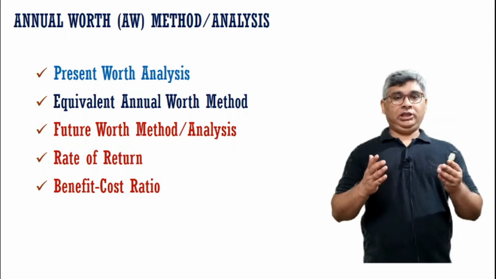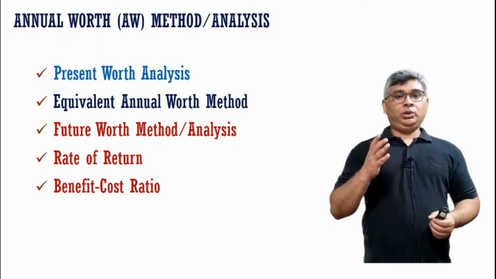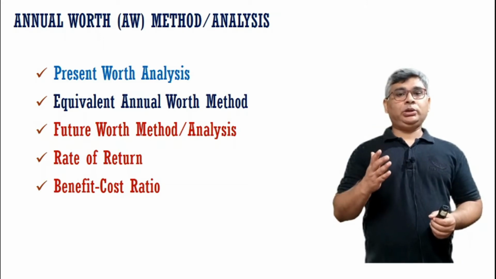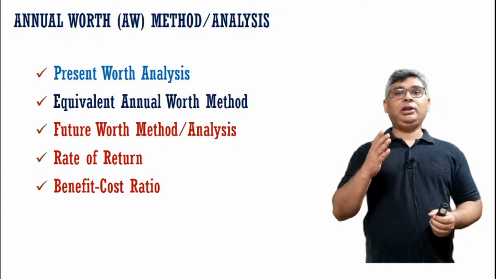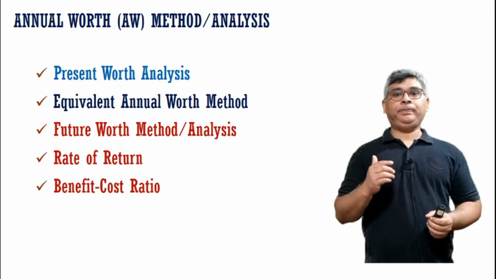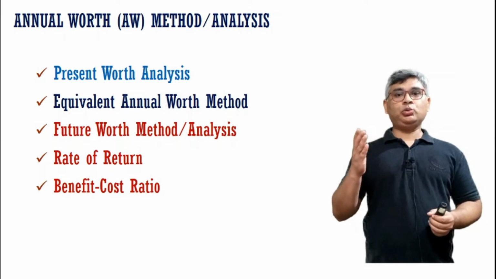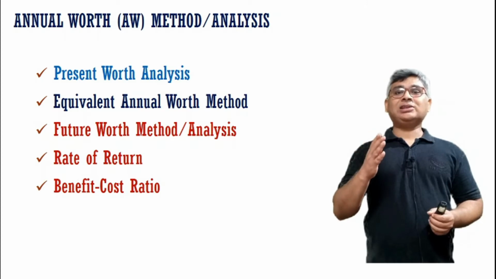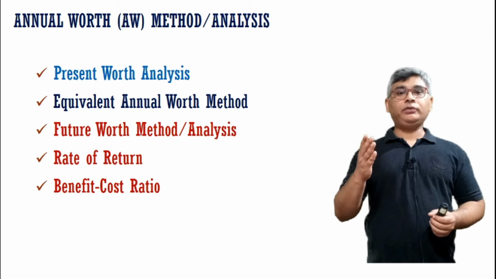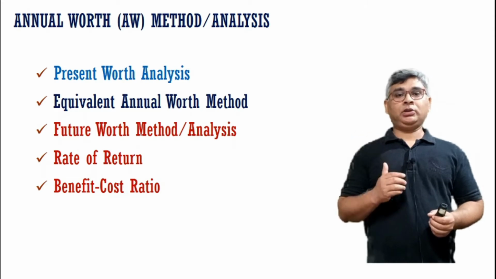Today in this lecture we will discuss the annual worth method, or the equivalent annual worth method. This method is used for analyzing cash flows, and it is also used for comparison among different alternatives in order to make decisions.